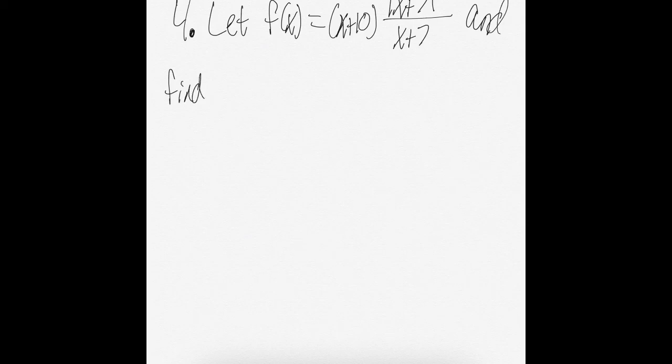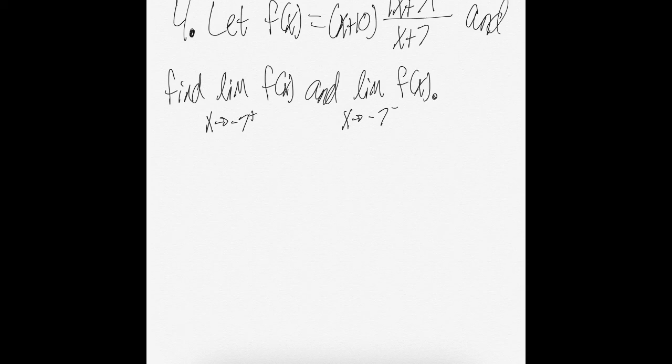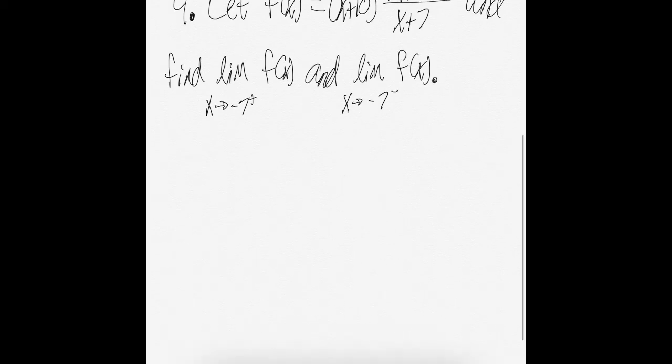And then we want to find the limit as x approaches minus 7 from the positive side of f of x, and the limit as x approaches minus 7 from the negative side, from the left-hand side.